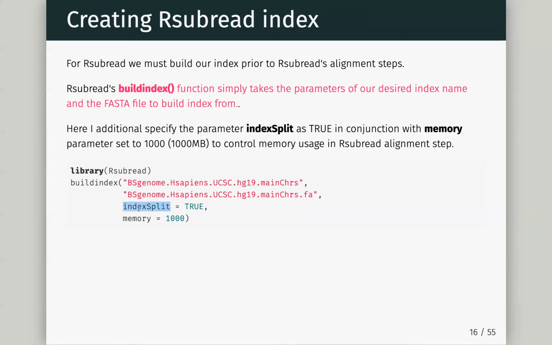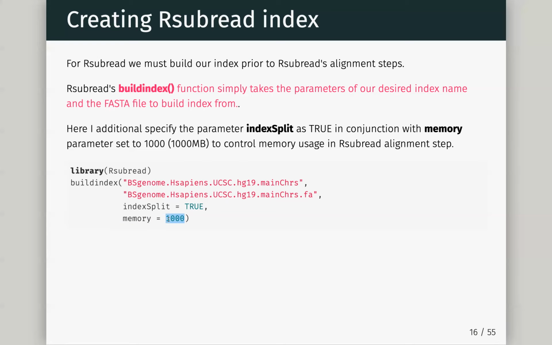And then we'll set here now a few features to control memory. So first off, we'll tell it indexSplit. And that means it's going to try and chunk up our index into separate chromosomes or separate regions. And then we'll set memory, and this is going to be the amount of megabytes used both in the indexing, but also the alignment.